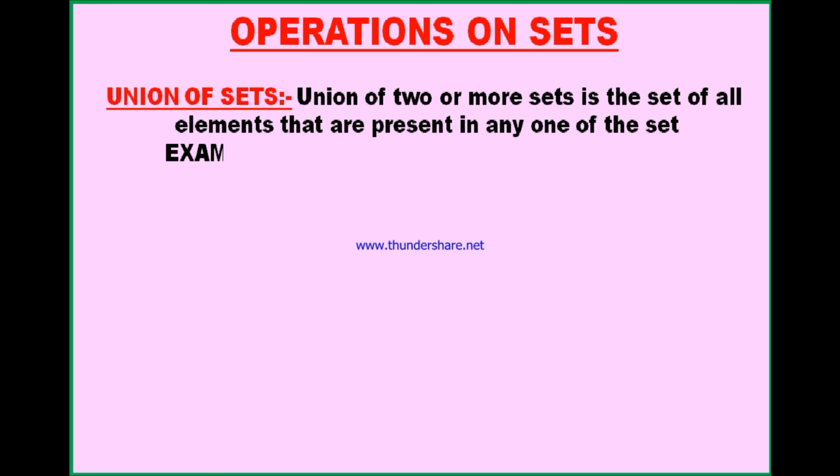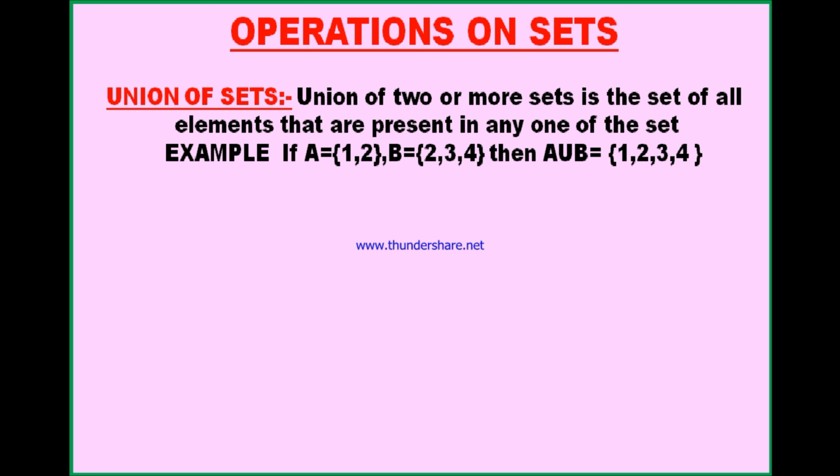For example, here if you consider the set A as the set 1, 2 and B is equal to the set 2, 3, 4, then A union B is equal to the set 1, 2, 3, 4. You see, union of sets is nothing but the union of both the elements. I mean, the elements that belong to the first set as well as the elements that belong to the second set. You should list out all the elements that are present in the first set and also present in the second set. That is called union.